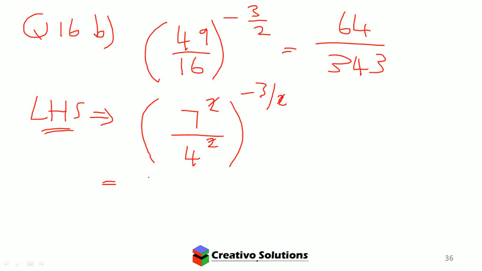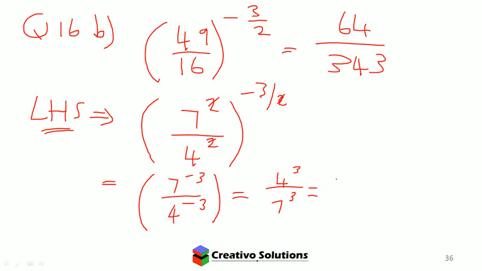So that's going to give me, open bracket, 7 to the minus 3 over 4 to the minus 3. And we know when we have negative exponents, it means swap it around. So I could then write this term as 4 to the 3 over 7 to the 3.